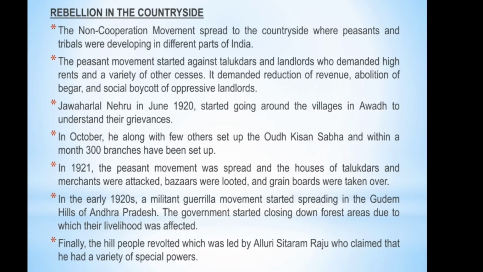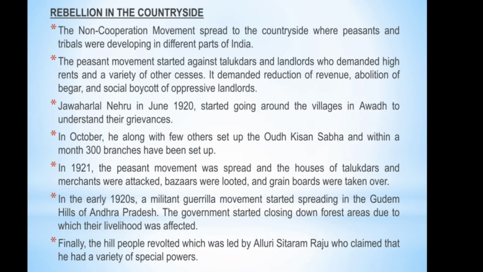Under him, talukdars and landlords were opposed because they demanded high rents and a variety of other cesses. It demanded reduction of revenue, abolition of begar. Begar is nothing but getting work from laborers without any payment. So that system was abolished under Baba Ramchandra, along with social boycott of oppressive landlords.